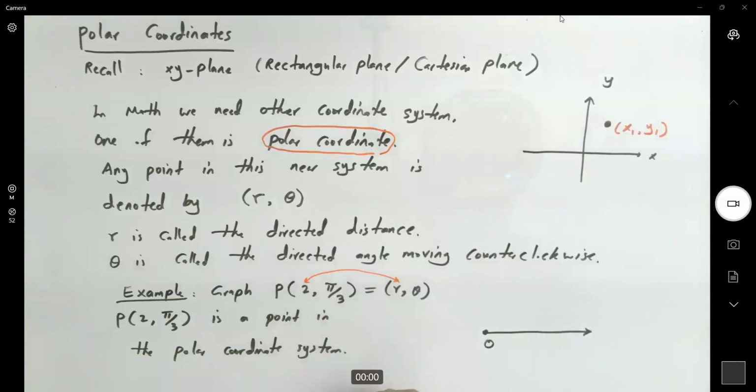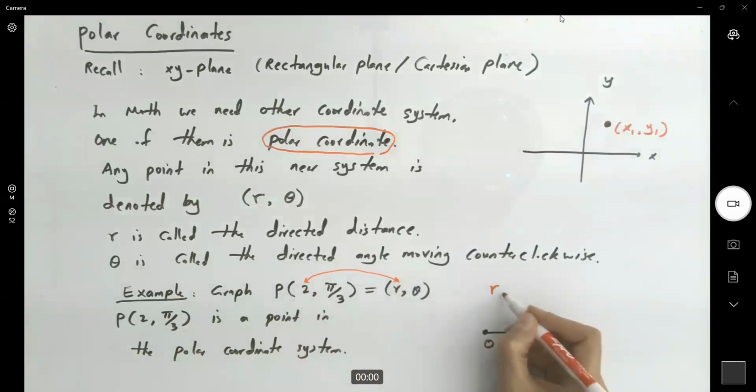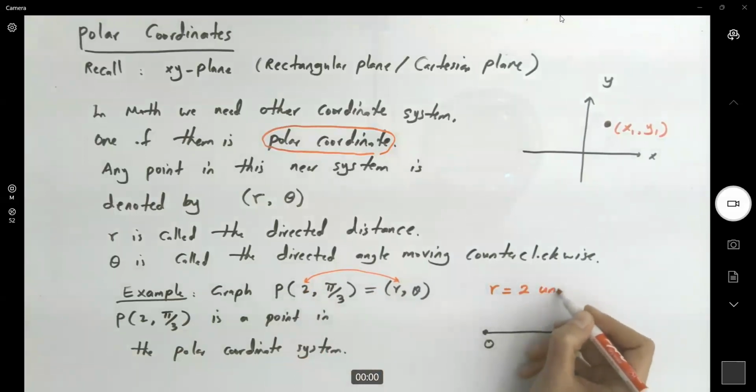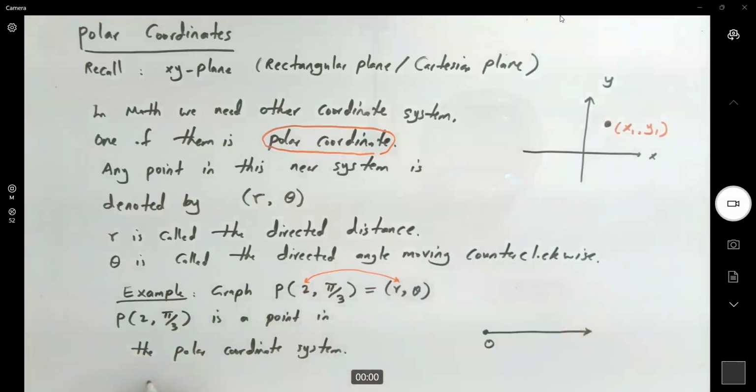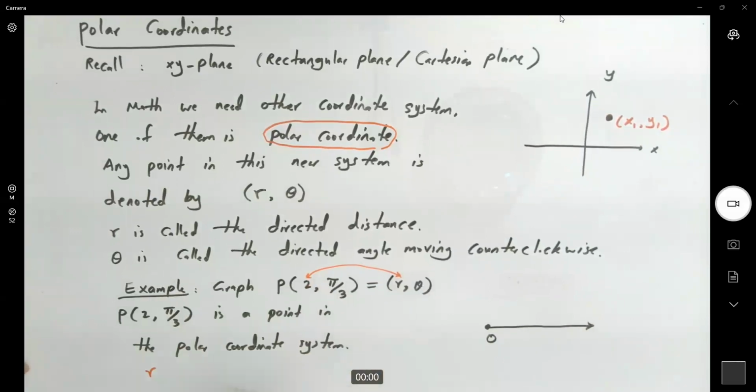R is 2 units. Suppose this is 1 unit and this is your 2 units.